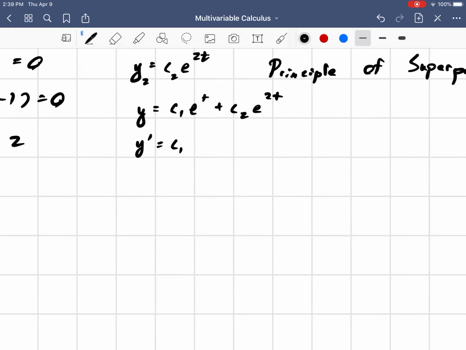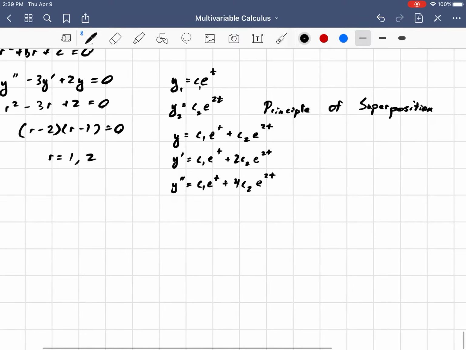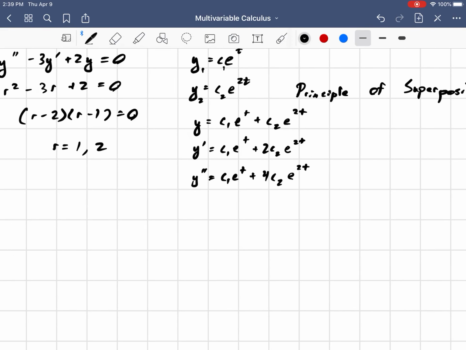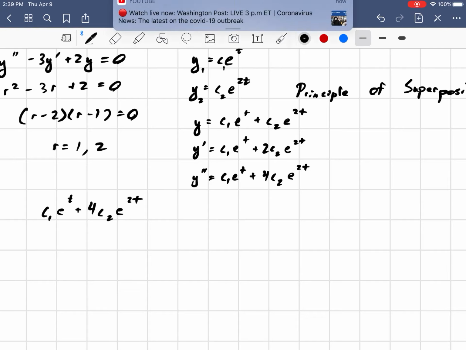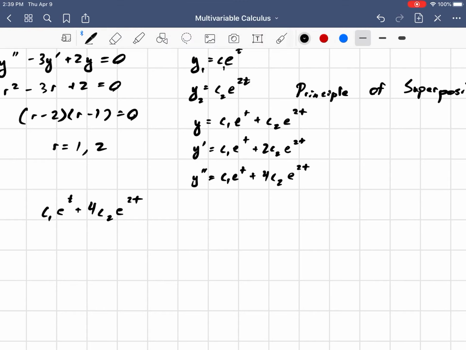We can say that the derivative is just c sub 1 e to the t plus 2 c sub 2 e to the 2t, and y double prime is c sub 1 e to the t plus 4 c sub 2 e to the 2t. And so if we plug this into our equation, we get c sub 1 e to the t plus 4 c sub 2 e to the 2t.